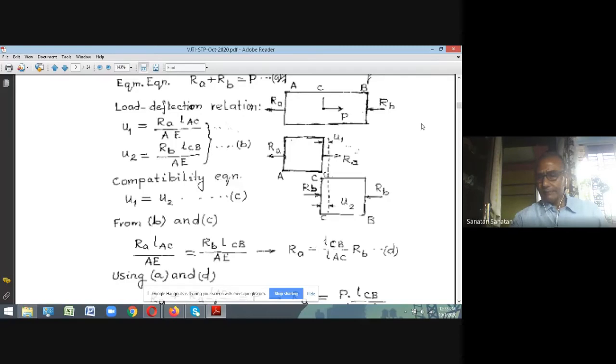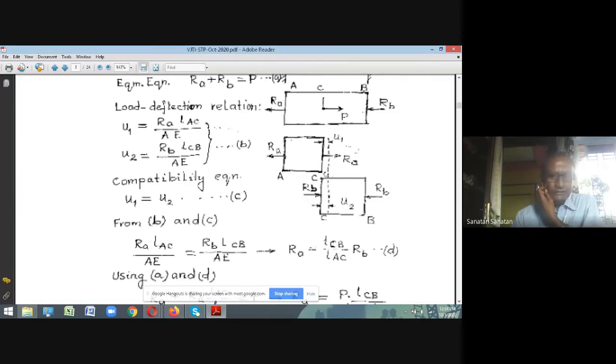For the right element CB, the force at the right edge is RB, and obviously the force which is going to act at C is going to be RB. So therefore, what we are going to get is that RA plus RB is equal to the total external force P. Alternatively, RA plus RB equal to P.